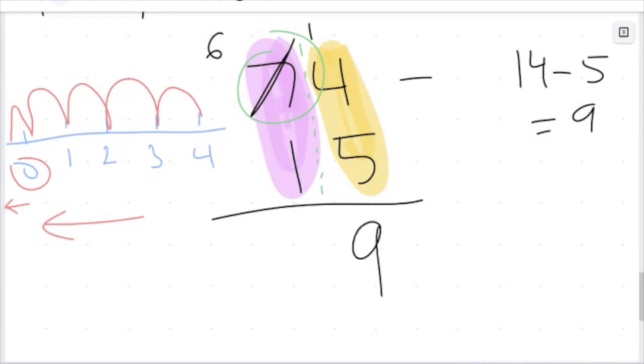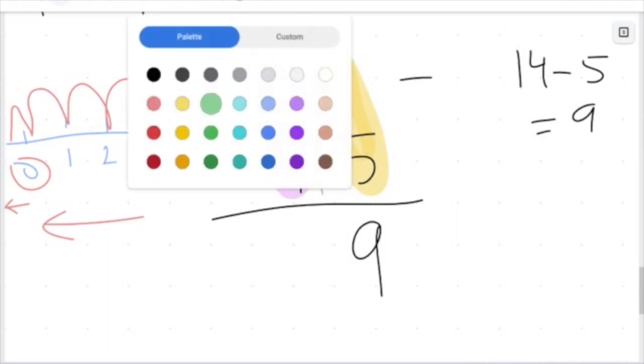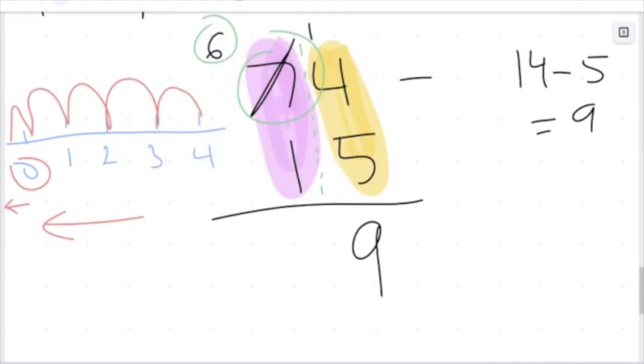And instead of minusing 1 from 7, because I've borrowed a 10 from the 70, I'm minusing 1 from 6 up here. And what happens when I do this is I get 59.